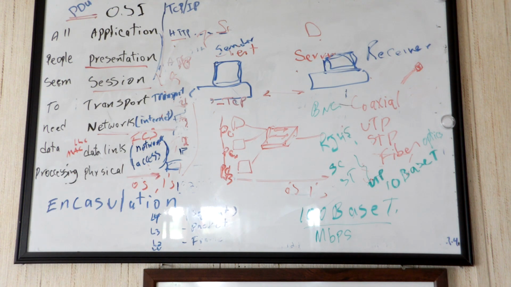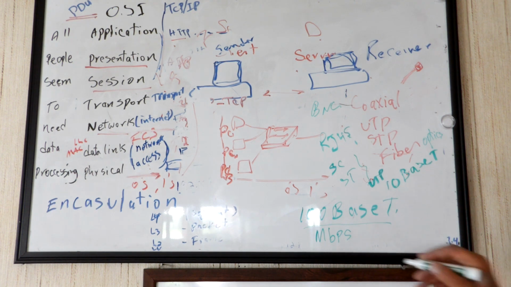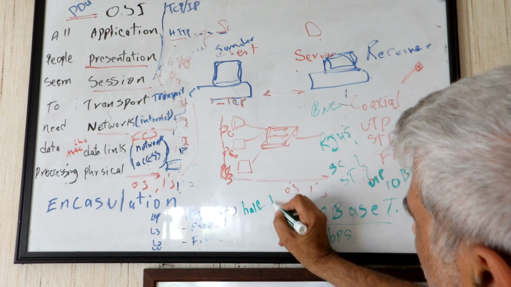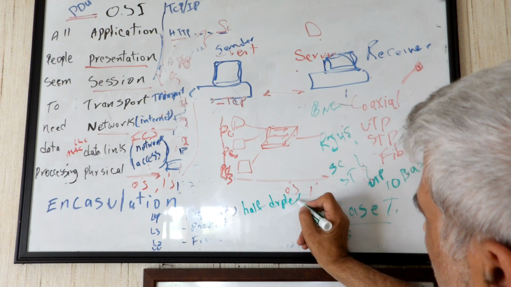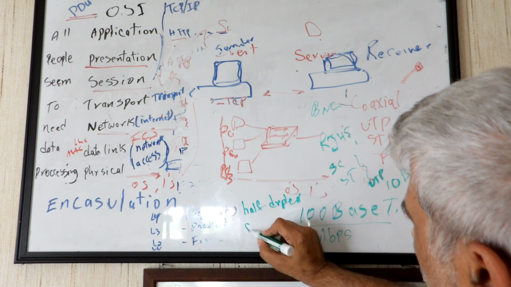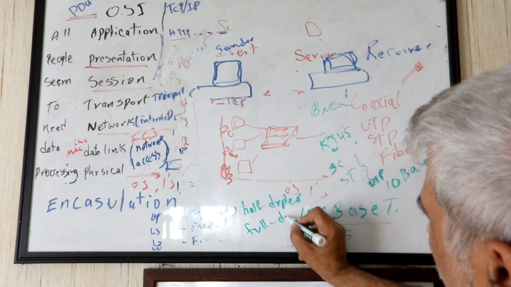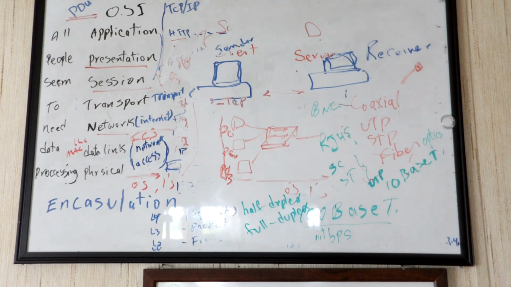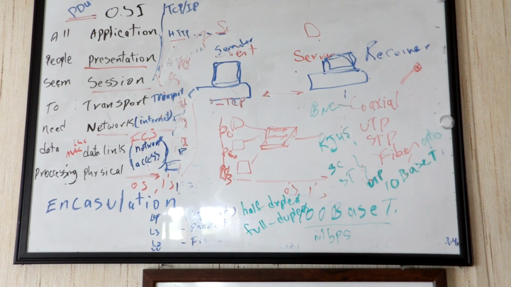Well, you have to know some of the terms like half duplex and full duplex. Some of the things you have to go and search to find yourself, what those mean.